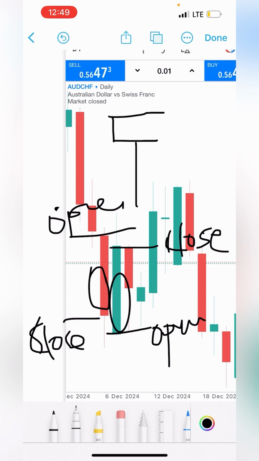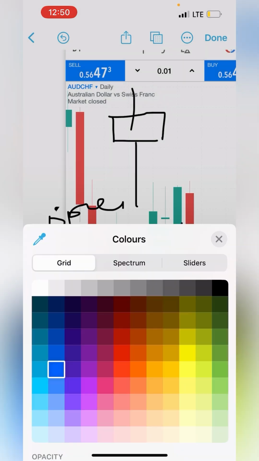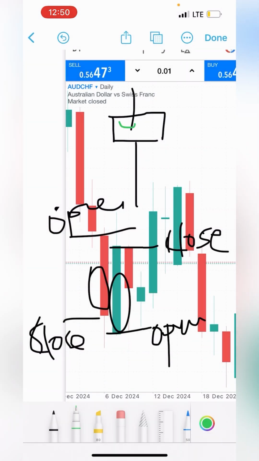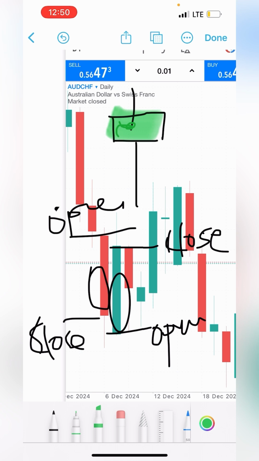It will be like this, and then filled up with the color green, which is the one that actually moved on the upside. There we go. So this will be our candlestick formation.